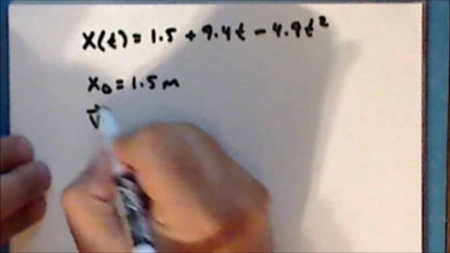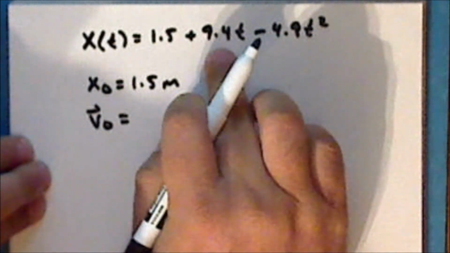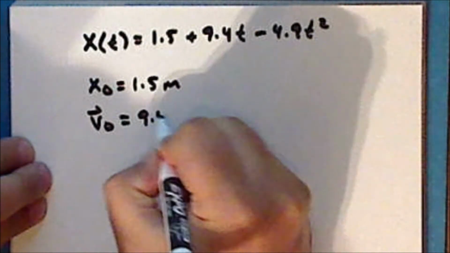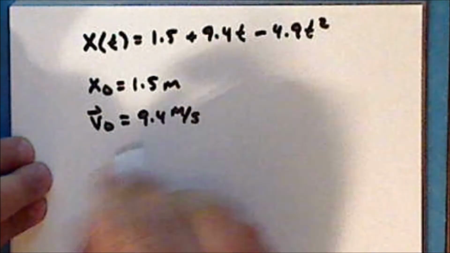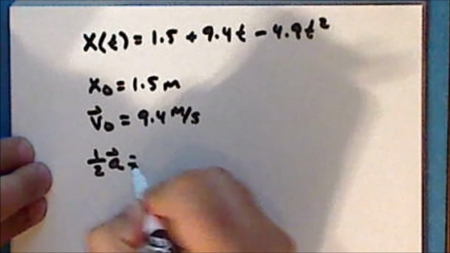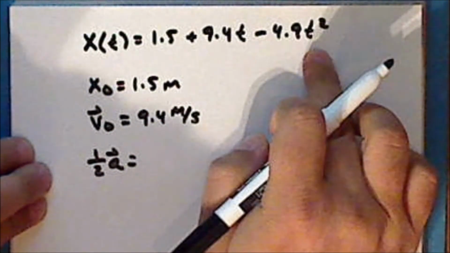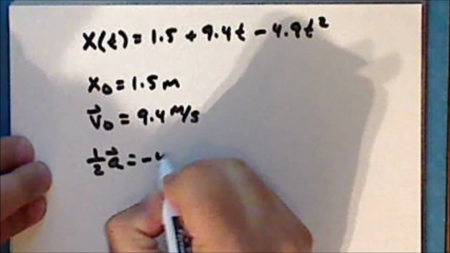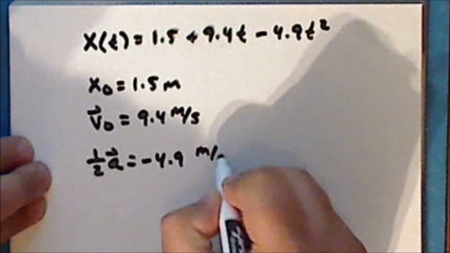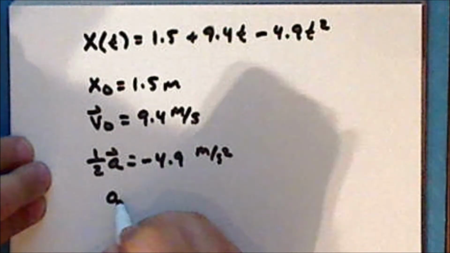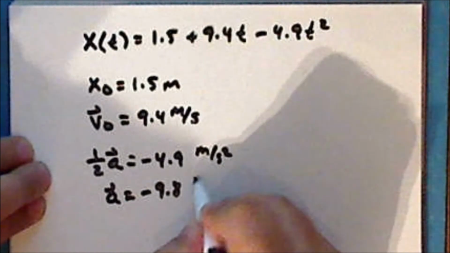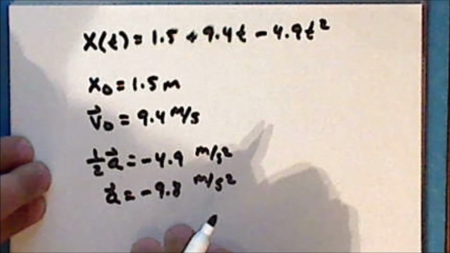The initial velocity is the multiple of the variable t, which is 9.4 meters per second. And 1/2 the constant acceleration is the multiple of t squared, which is negative 4.9 meters per second squared, so that the constant acceleration is negative 9.8 meters per second squared.